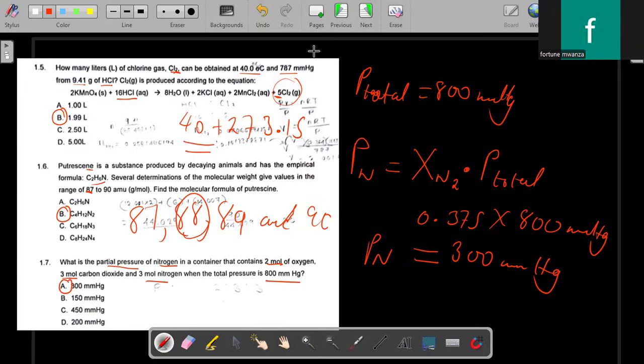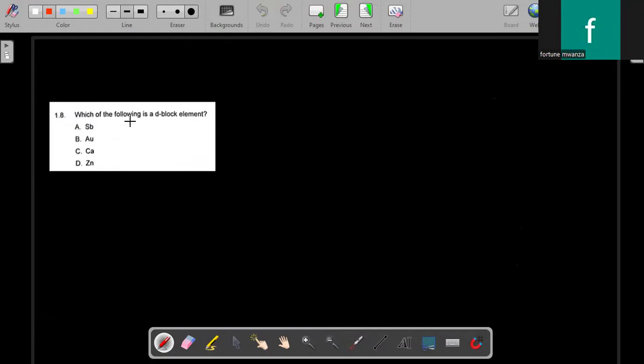Okay, we can go to the next question, question number 8, which asks which of the following is a D block element. I can pick two elements which are D block elements: your gold there, and your zinc there.